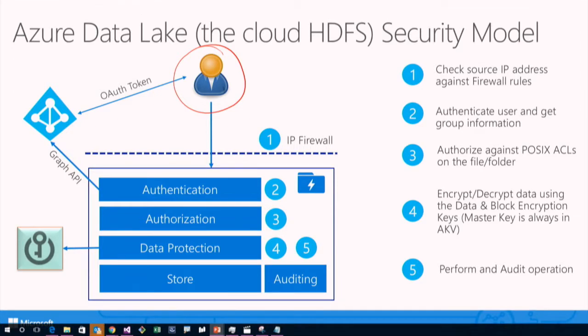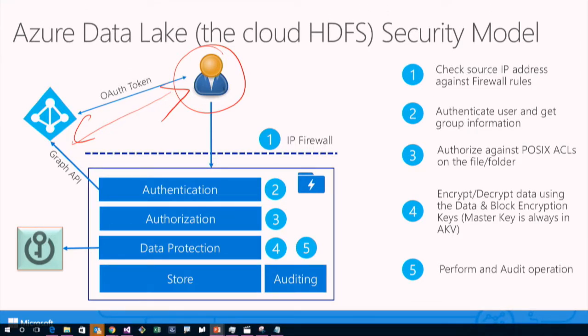When a user wants to log in, the user already has an OAuth token from the Active Directory logged in. Now the user, with the OAuth token, is trying to access your data assets residing in the HDFS layer, right? Now in the cloud, you just don't go ahead and access a server by their IP. You are actually going to access a particular URL, right?